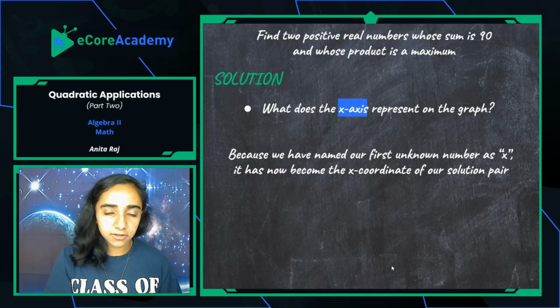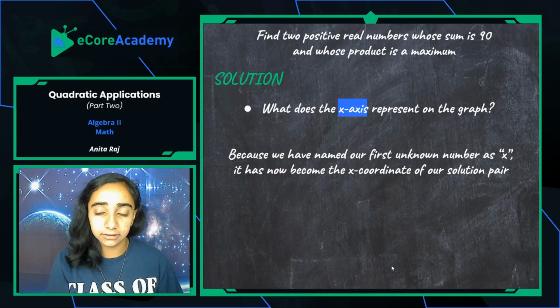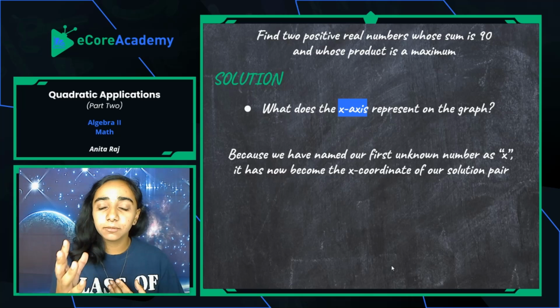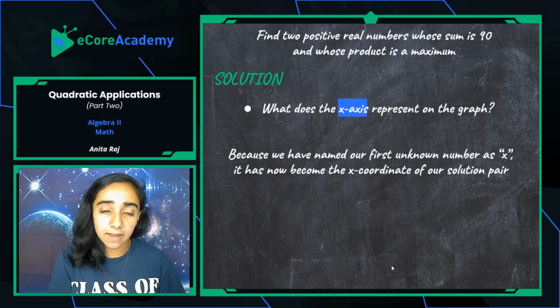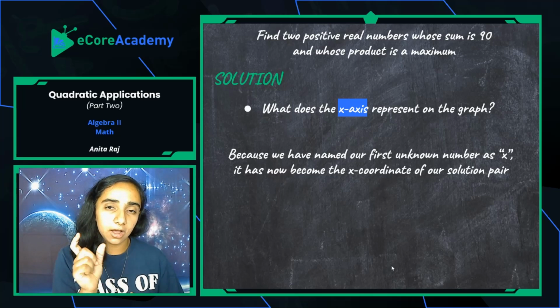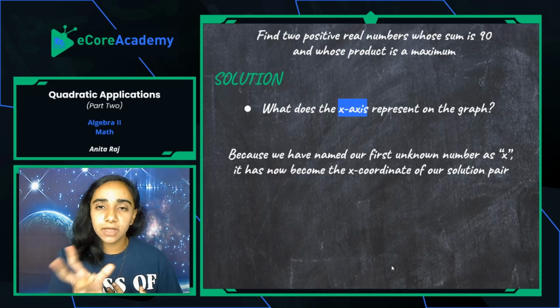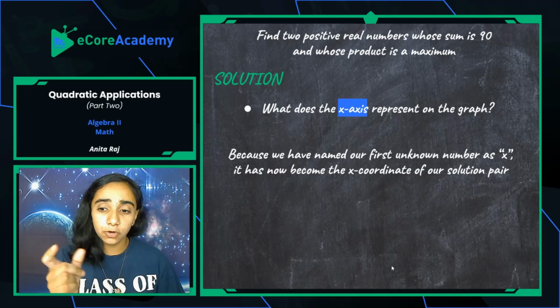So if you were graphing this, or using a graphing calculator, and you graphed the function we just found, p equals 90y minus y squared, and found the vertex of the parabola, the x-coordinate of that vertex would be the first unknown number.